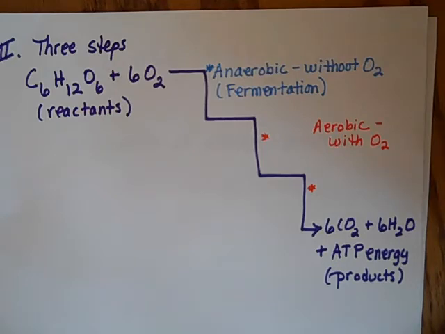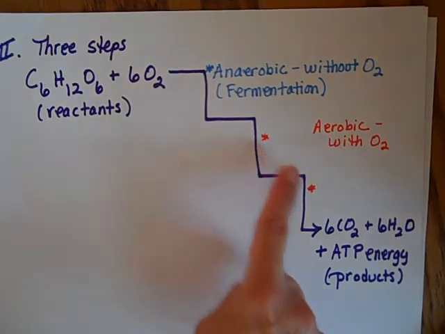Okay? The first step actually can occur without oxygen. You don't need any oxygen for this first step to occur. So it's called anaerobic, which means without oxygen. It also can be called fermentation, and those are just 2 words that mean the same thing, occurring without oxygen.